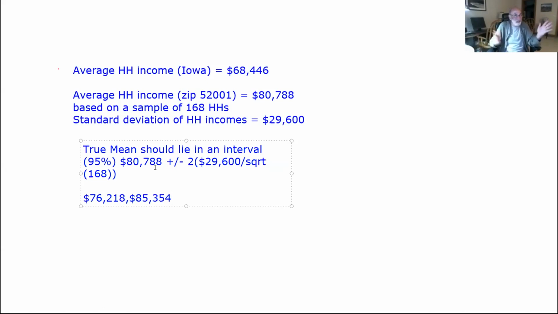It just is or isn't. The true definition of this confidence interval says if you do repeated sampling, 95% of the time, you'll be within an interval constructed in this way.